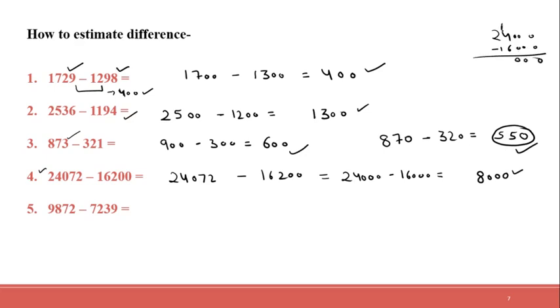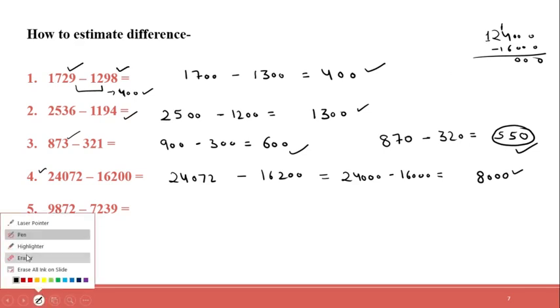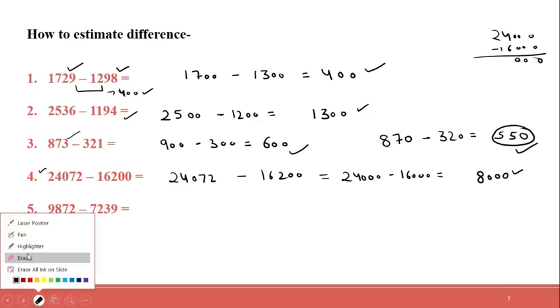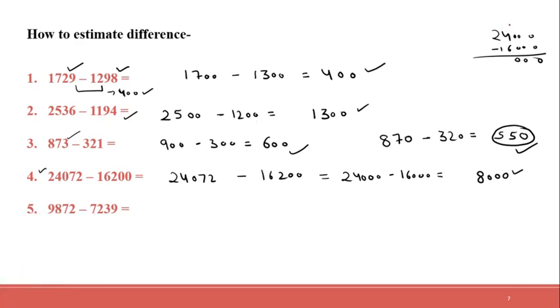That means 24,000 minus 16,000. One borrow, because it is lesser than 6. So it will become 1 here. Let me change the pen's color so that it won't be confusing for you. I'll borrow 1 from this 2, and it will become 1 again.